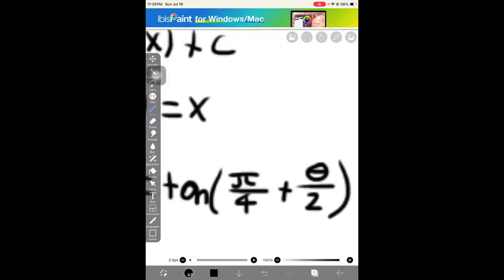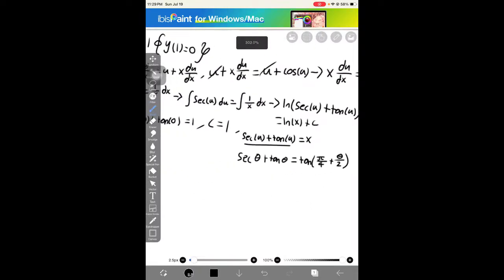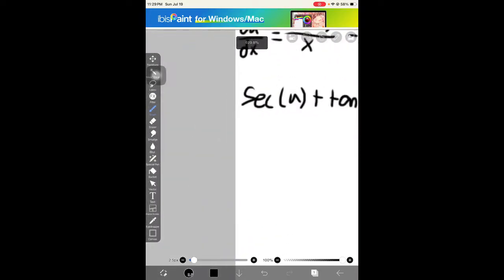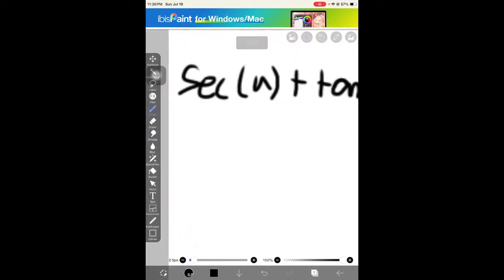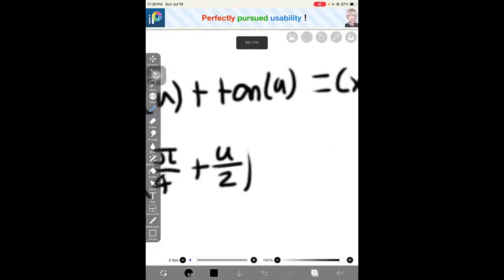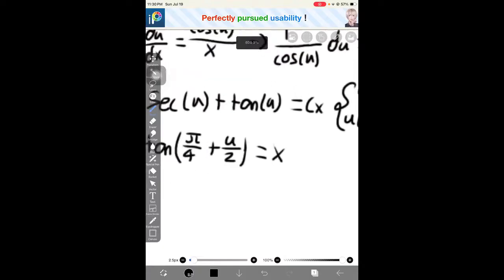The denominator is supposed to be 2. So in that case, we must have this identity too. So we have tangent of pi over 4 plus u over 2 equals x. Now this is our new equation, right?